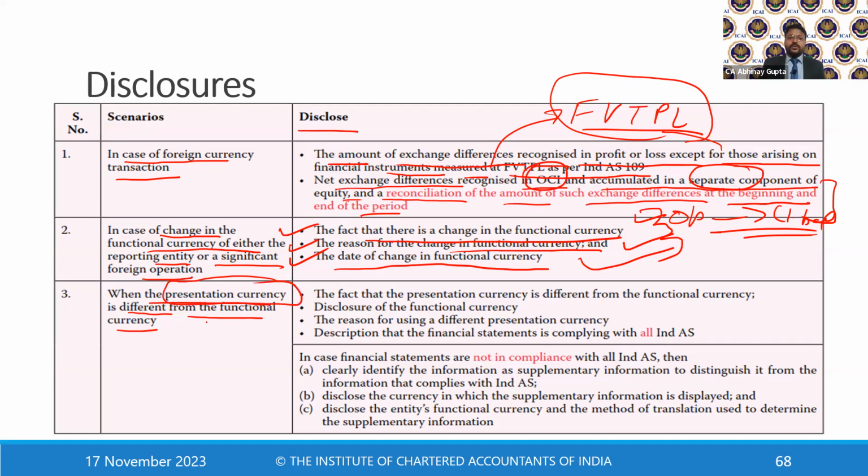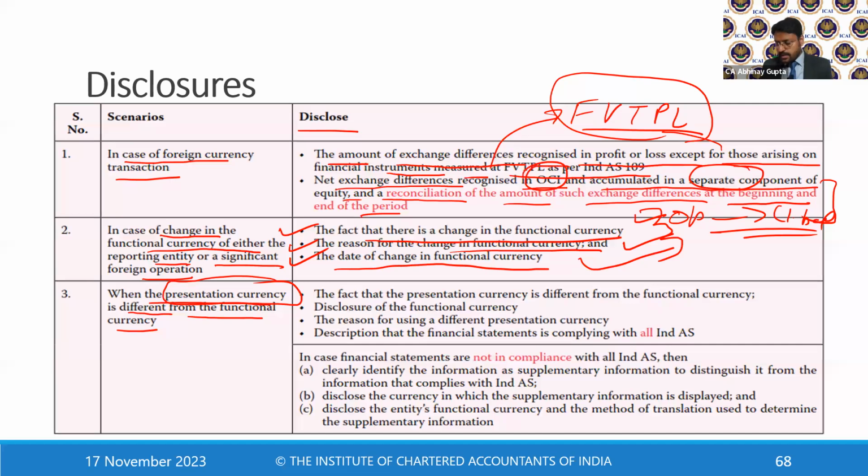Now, if I am presenting an additional set of financial statements in any other currency other than the functional currency, which is regarded as a presentation currency, then there would be some additional disclosures which would become applicable that I need to disclose.